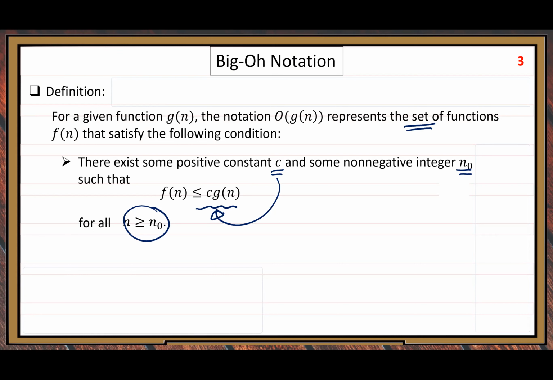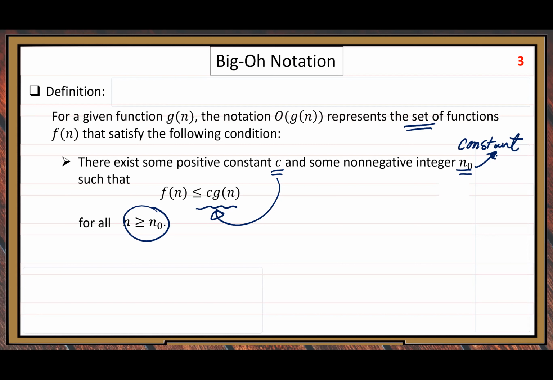First, you can see n0 is another constant. But this constant is a little different, because you have freedom to choose the n0 constant, larger or smaller. But after you choose it, you must fix it.